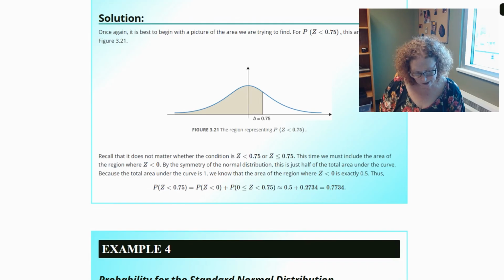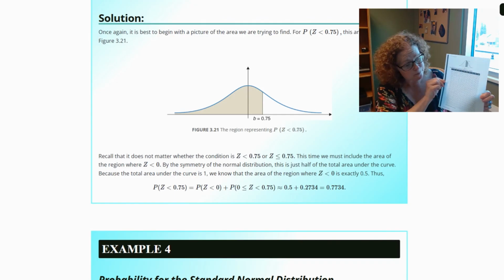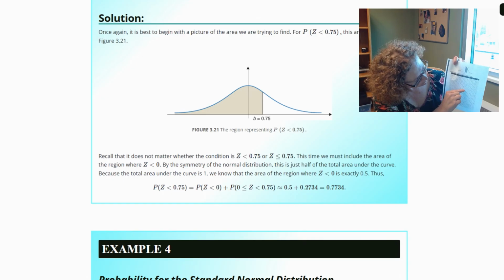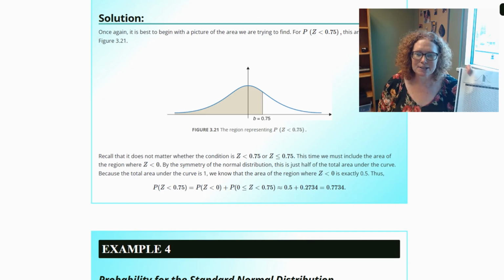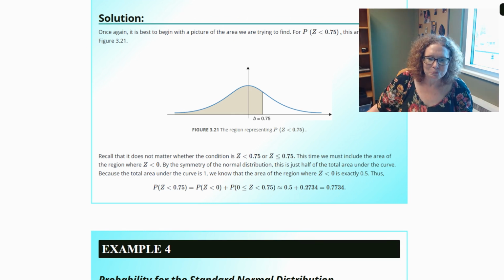Again, we find the 0.75 on our chart: 0.7, 0.5. Okay, 0.2734. When we add those two together, the probability is 0.7734 on that one.